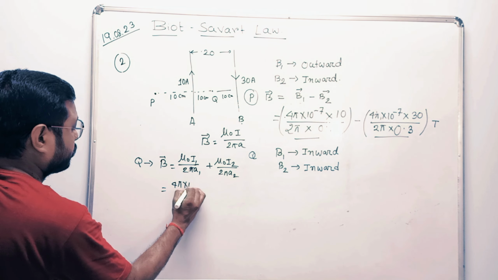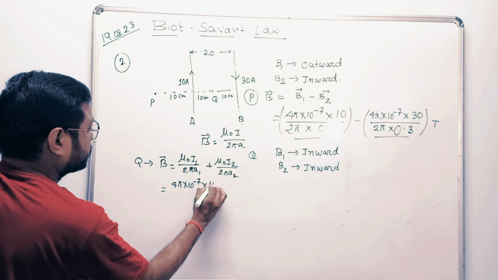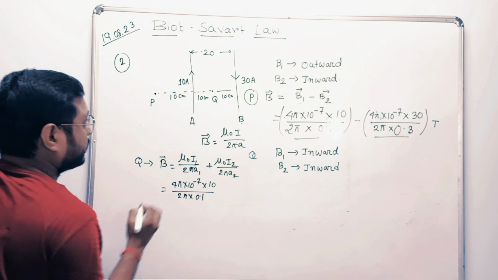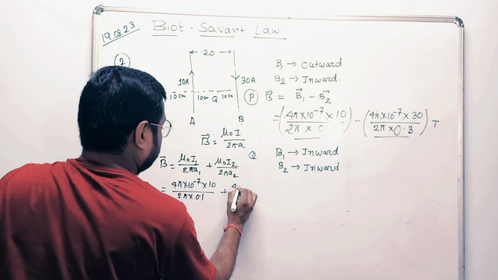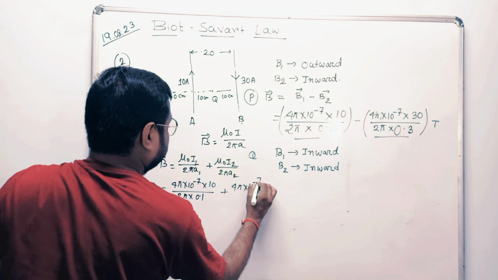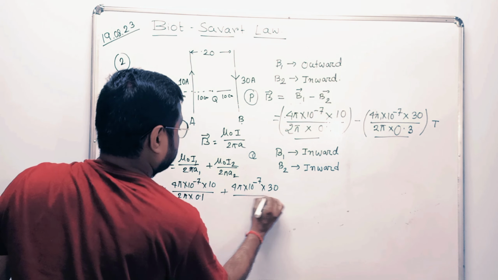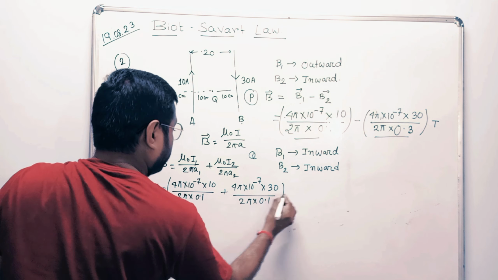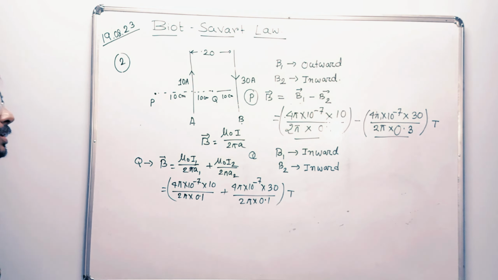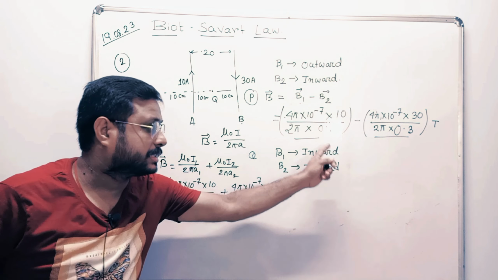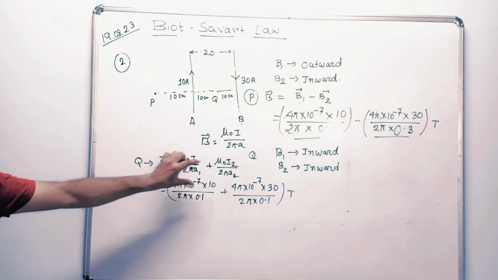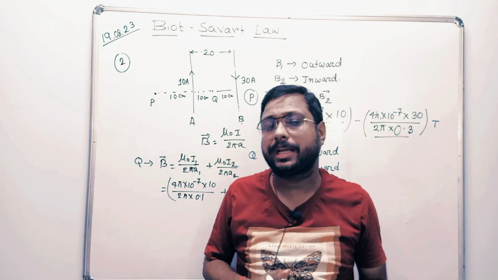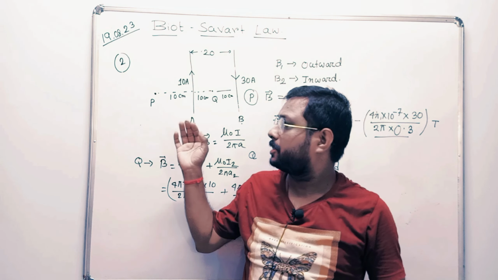Mu naught is 4 pi into 10 to the power minus 7, into I1 which is 10, divided by 2 pi into 0.1 meter, plus 4 pi into 10 to the power minus 7, into I2 which is 30 ampere, divided by 2 pi into A2, also 0.1 meter. So this is the value. At point P the resultant magnetic field is the difference, and for Q the resultant magnetic field will be added up. In this way, we can evaluate the magnetic field due to an infinite wire using the Biot Savart law.